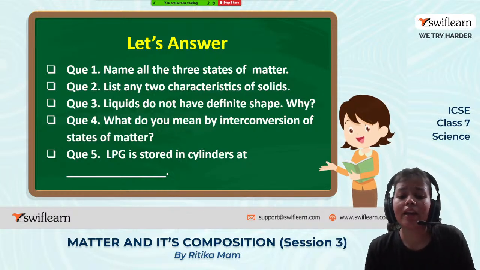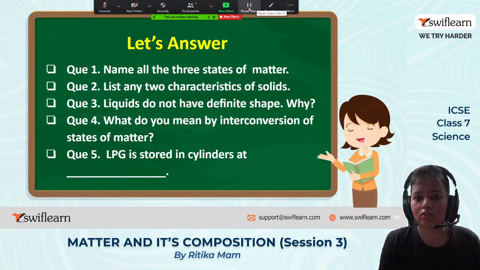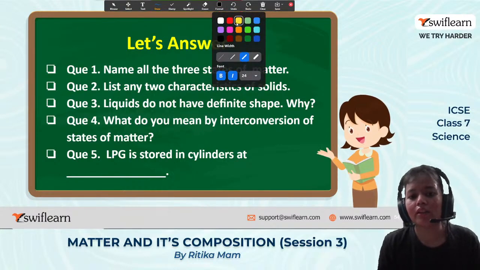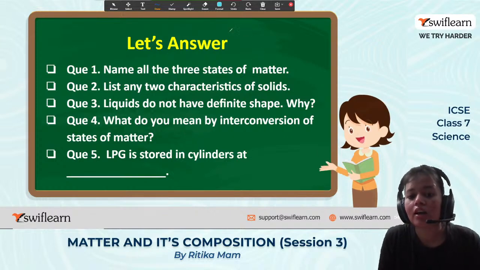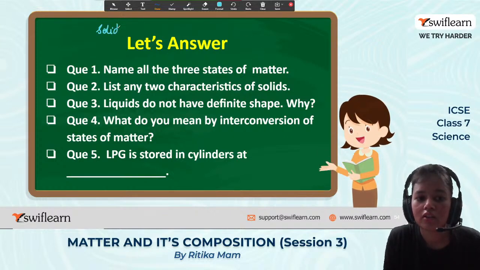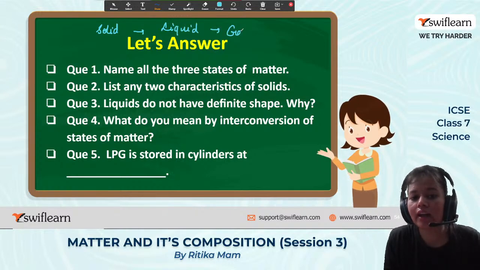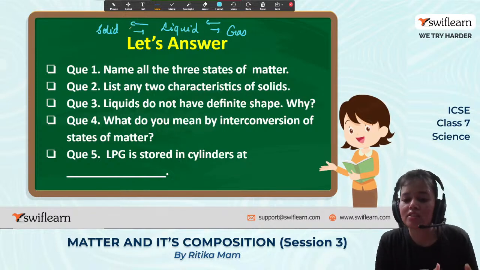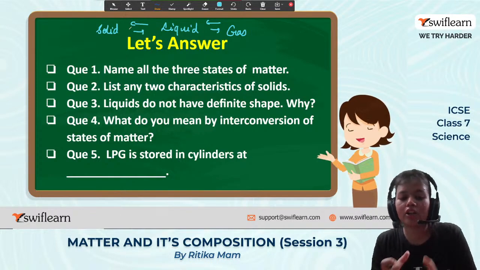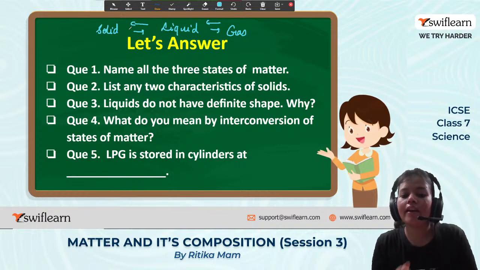What do you mean by interconversion of states of matter? So let us see this question. When I talk about interconversion of states of matter, it means conversion of solid to liquid to gas, and again conversion of gas to liquid to solid, which means changing of one state of matter to another. It is known as interconversion.